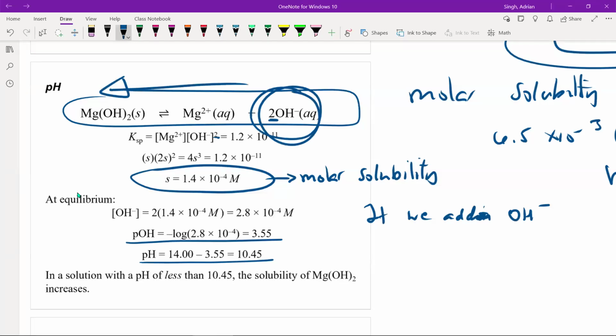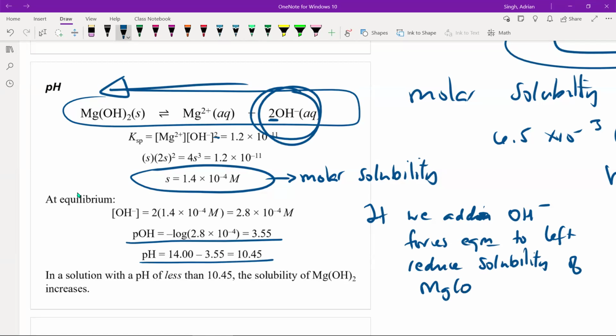It forces the equilibrium to the left, and as a result, it will reduce the solubility of the magnesium hydroxide. So what do we do when we add hydroxide?